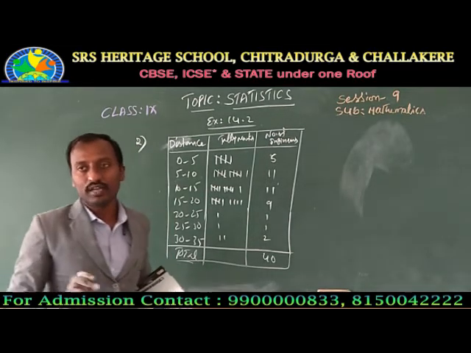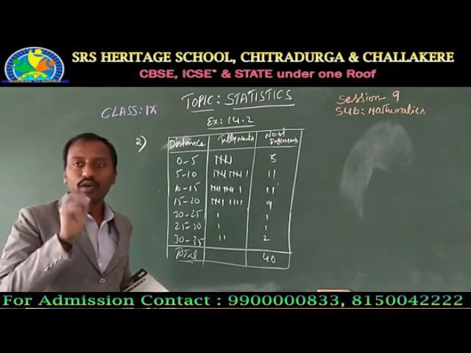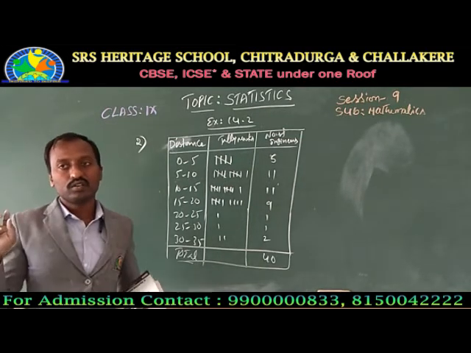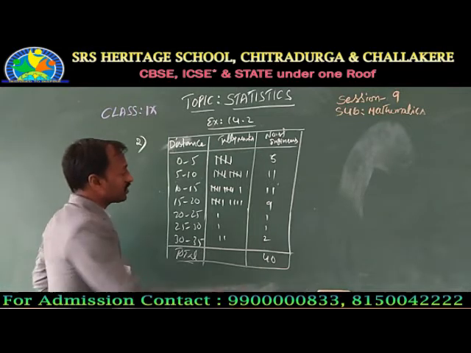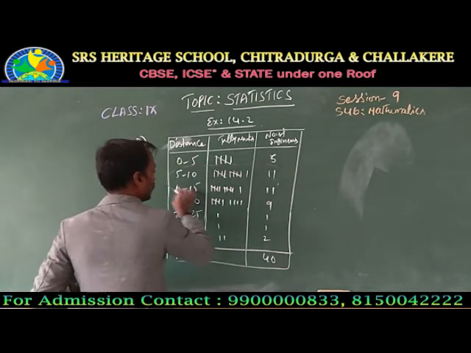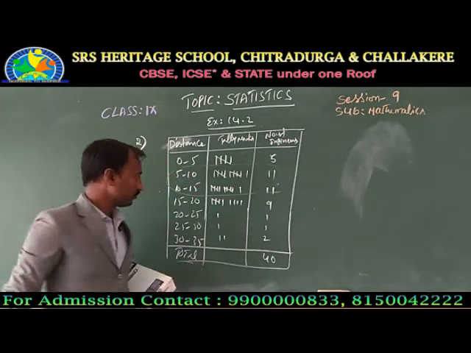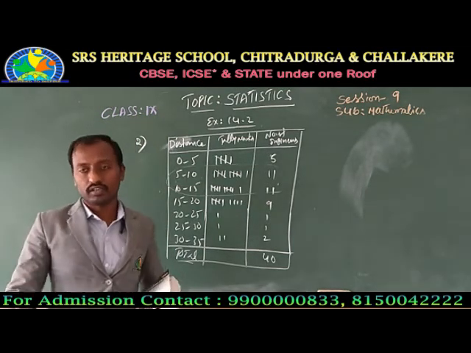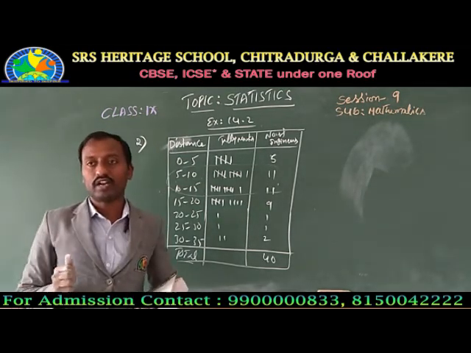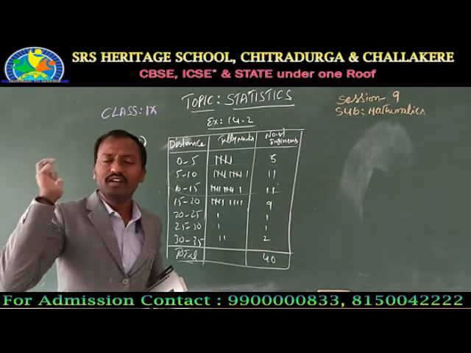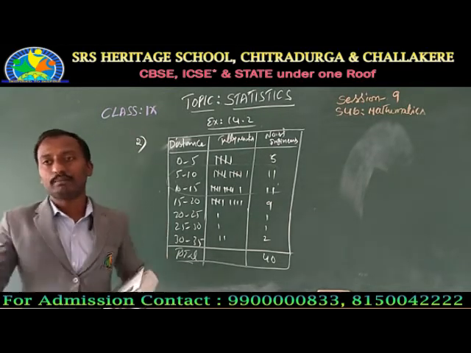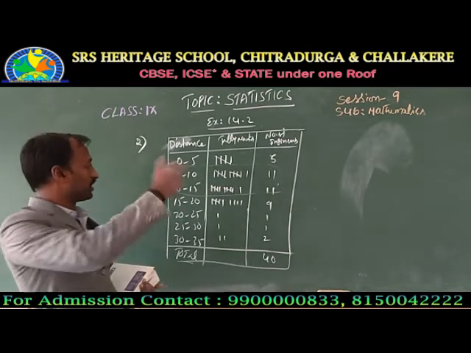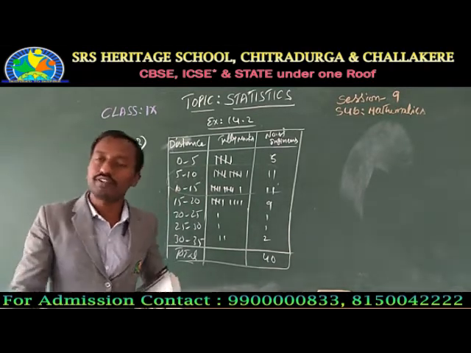The distance from the residence to their workplace is maximum number of engineers, that is 5 to 10 kilometers and 10 to 15 kilometers. You have to write this part.